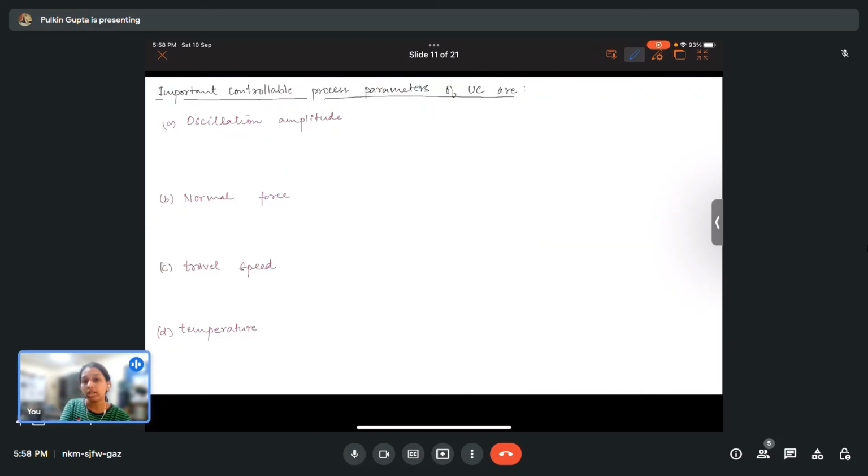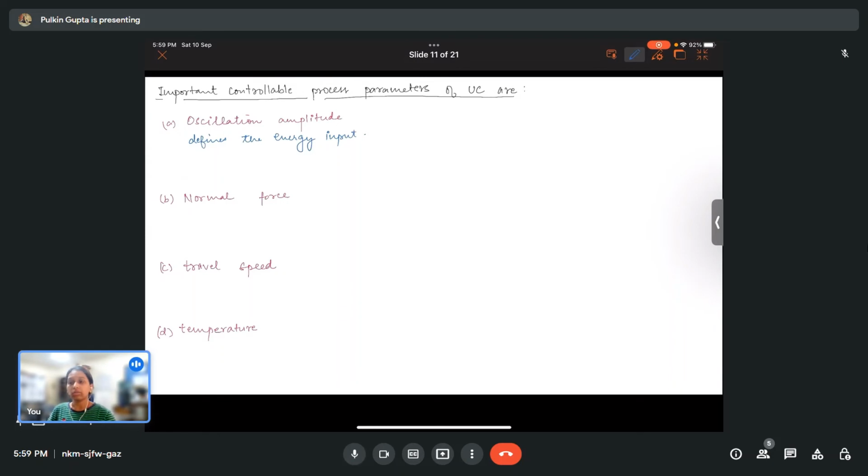And then what are the important controllable process parameters for this ultrasonic consolidation? These are oscillation amplitude, normal force, travel speed, and the temperature. So how is oscillation amplitude important? Oscillation amplitude defines the energy input. It directly affects the elastic and plastic deformation between the mating metal interfaces.